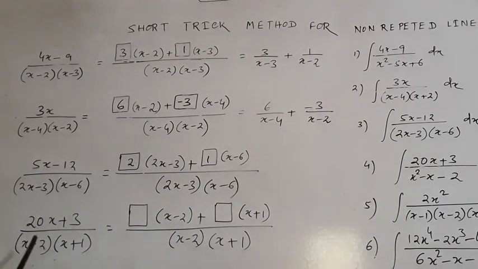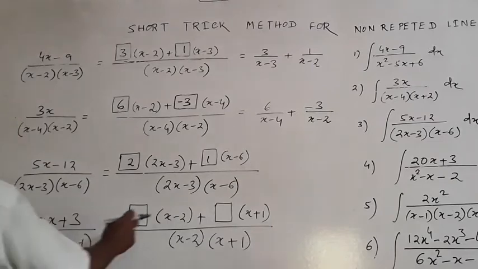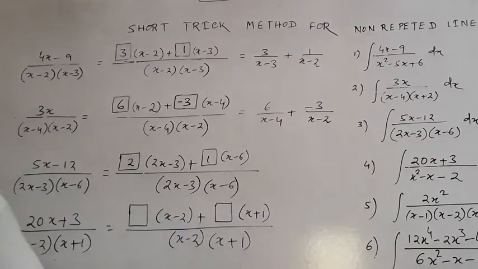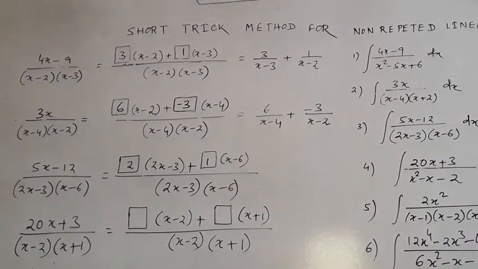Now look at this problem, (x minus 2) into (x plus 1). Now something into (x minus 2), something into (x plus 1). Look here, it is 4, it is 3, but the answer is 20x. Okay? You have to think like this.